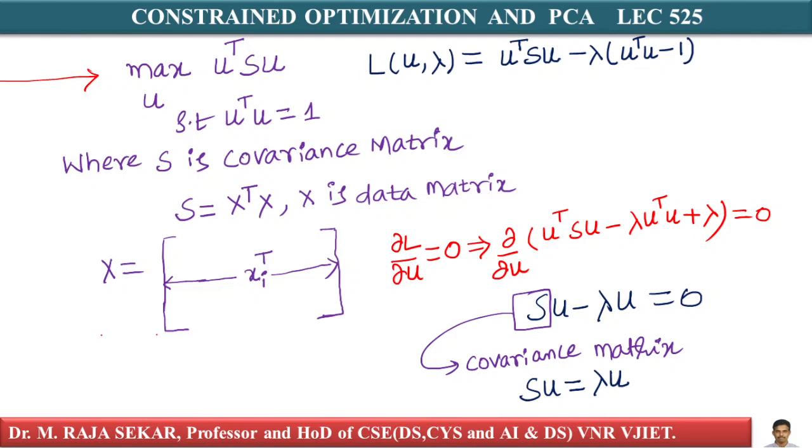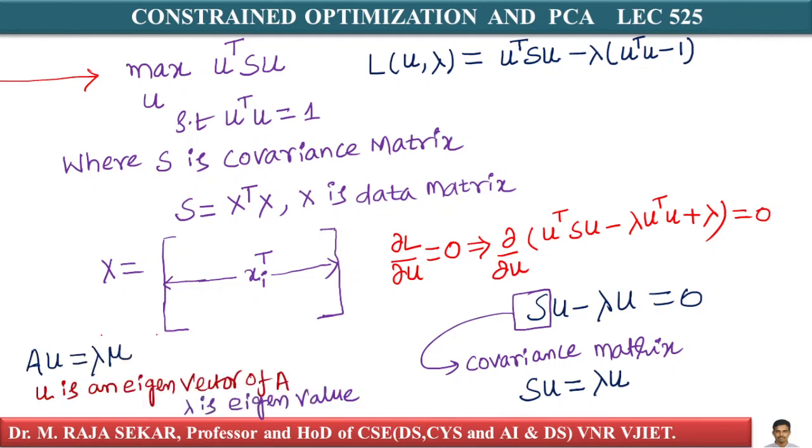This is the definition of what an eigenvalue and eigenvector are. Given a matrix capital A, if A u equal to lambda u, something like A x equal to lambda x, then u is said to be an eigenvector of A, and lambda is said to be an eigenvalue of A. Lambda is an eigenvalue corresponding to eigenvector u, isn't it?